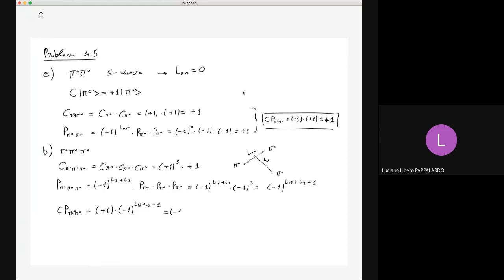So this is just given by (-1) to the L12 plus L3 plus 1. And so we have two possibilities. This is going to be equal to +1 if L12 plus L3 is an odd number, or -1 if L12 plus L3 is an even number.